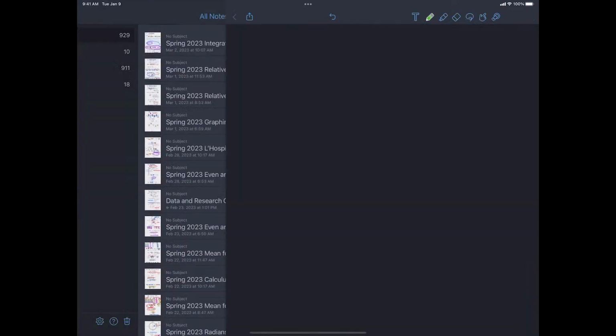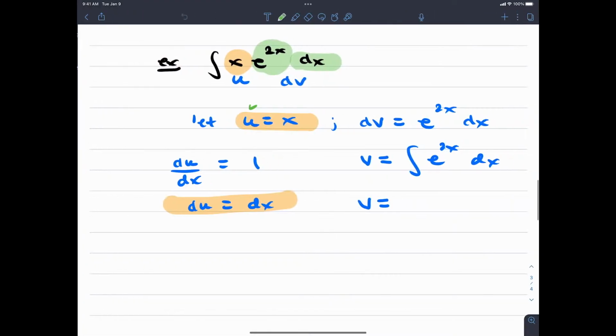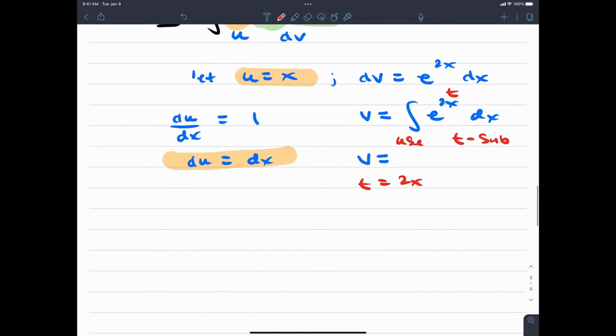So what I usually say at this point is use t sub. There's no difference. So you say, what is t sub? You're going to let t be what? t be 2x. dt dx is 2. dx is dt over 2.